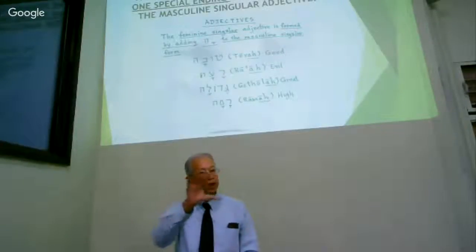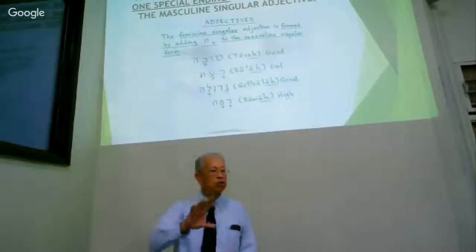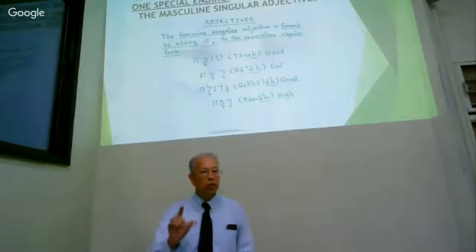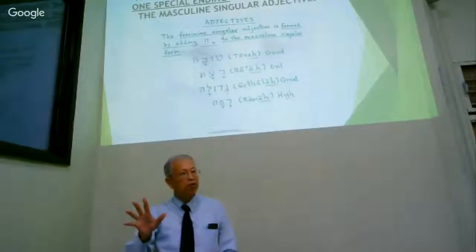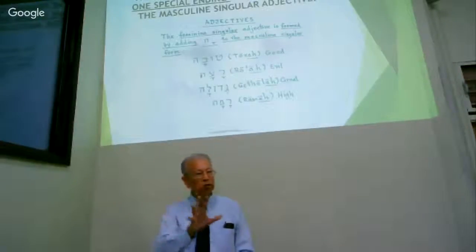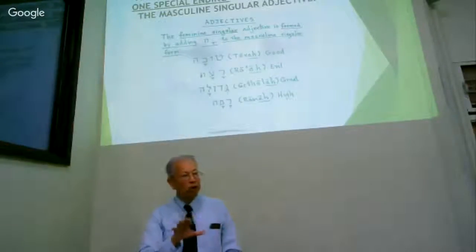The one standard word. The context will have to indicate whether it's masculine or feminine, whether it is one God you're referring to or more than one God. They don't change the form from Elohim, the same Elohim.